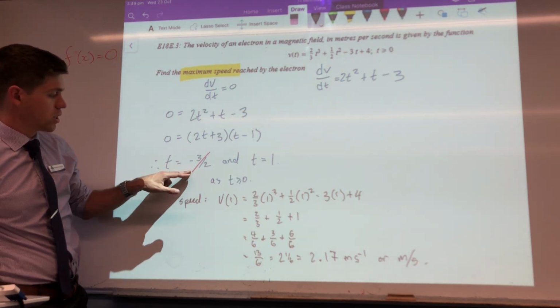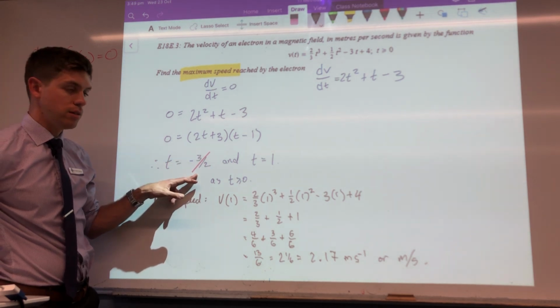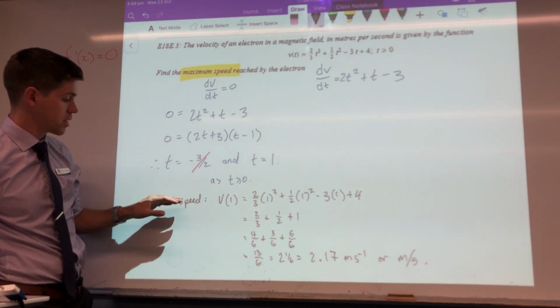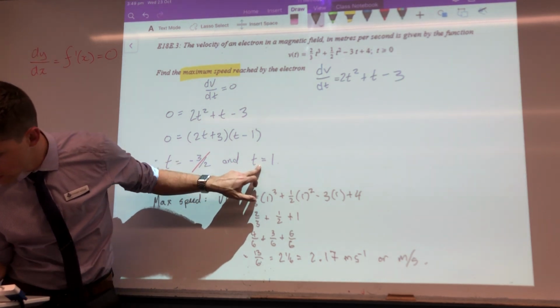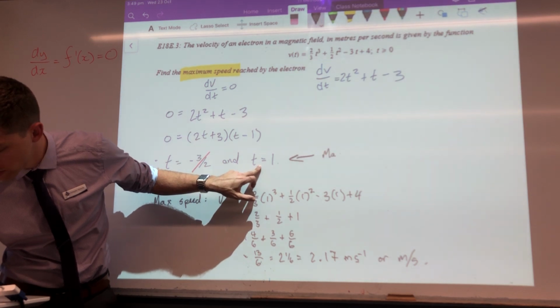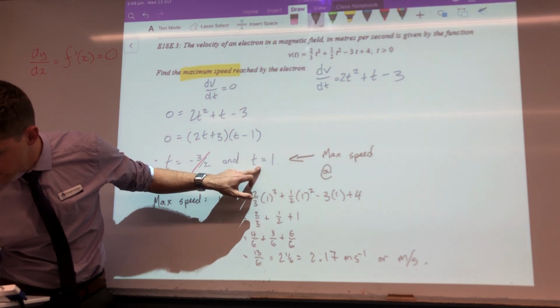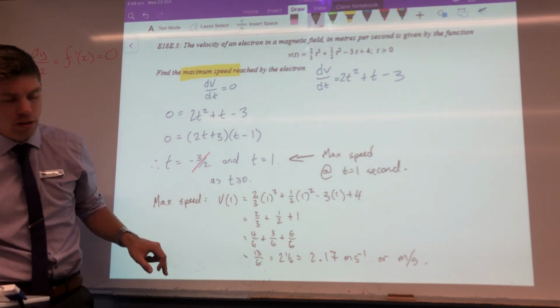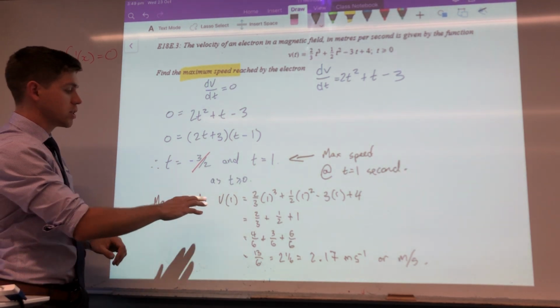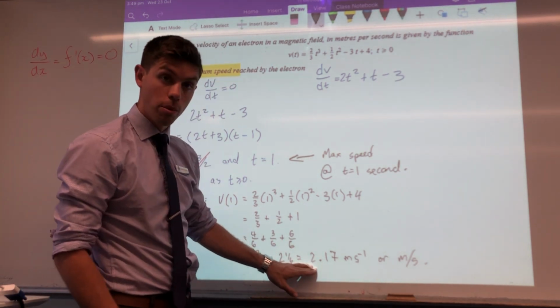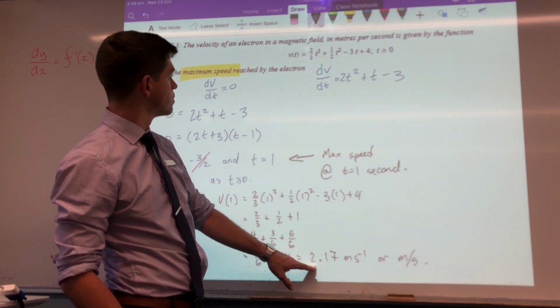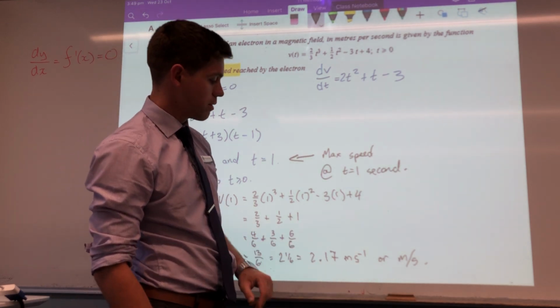We've disregarded the negative value for t, as t must be greater than or equal to 0, to determine that the max speed occurs at t equals 1 second. We've then substituted in t equals 1 into our original formula to determine our maximum speed as 2.17 meters per second.